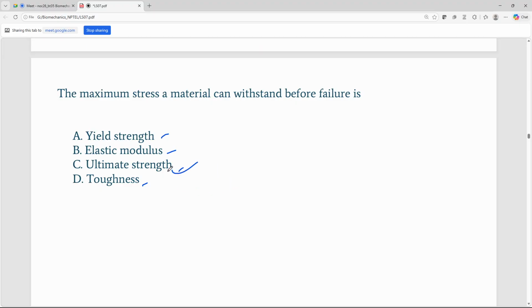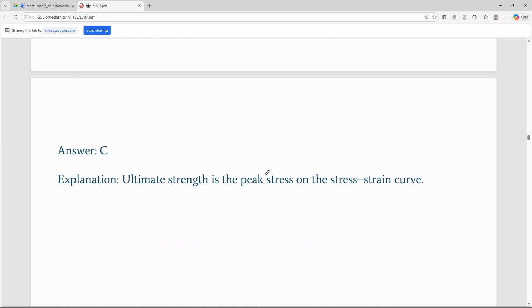This is the maximum stress which a material can withstand, and this will be the peak of the stress strain curve.